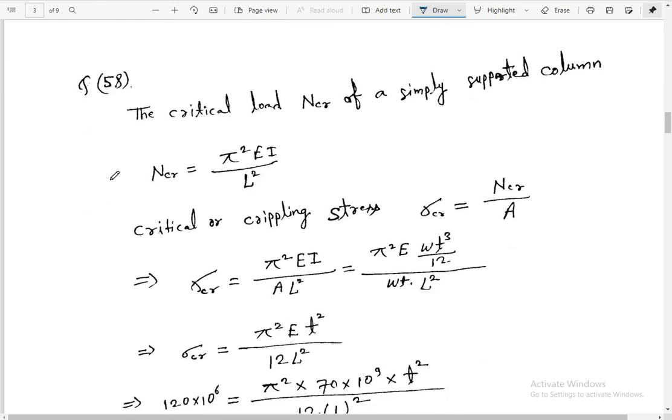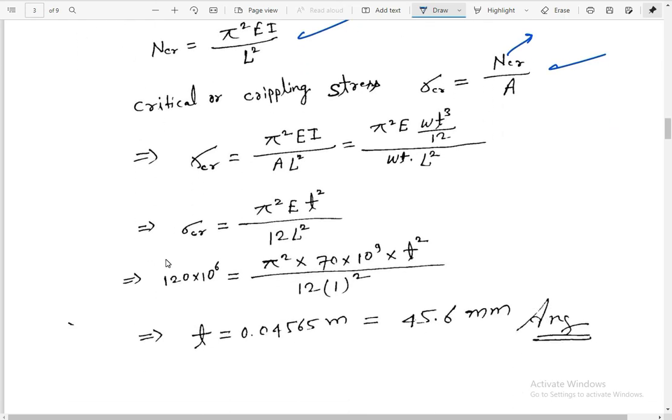The critical load of a simply supported beam is given by pi square EI by L square. Crippling stress is load by area, this is critical load and area. Critical stress is pi square EI by A L square.